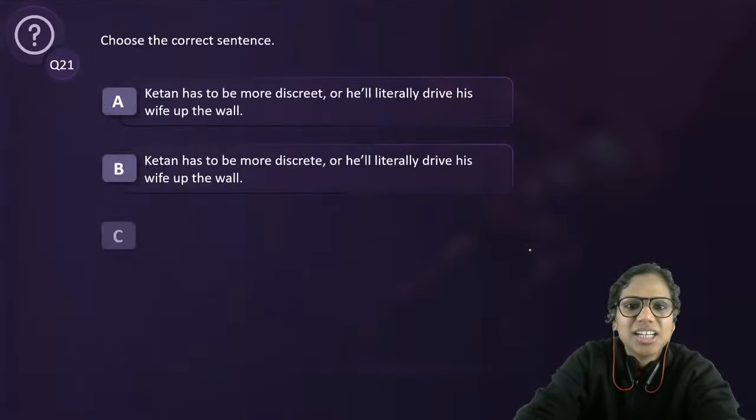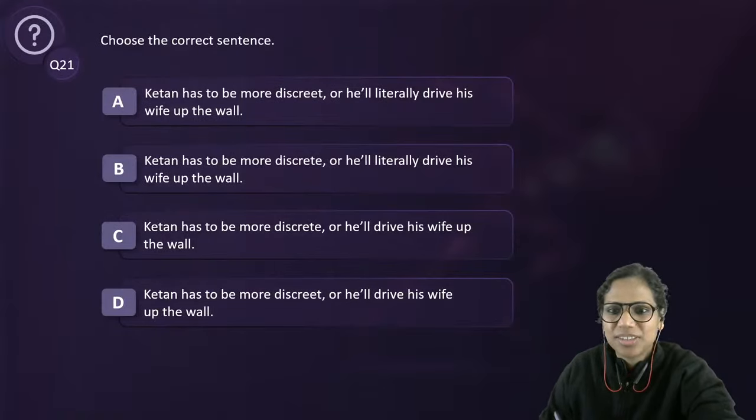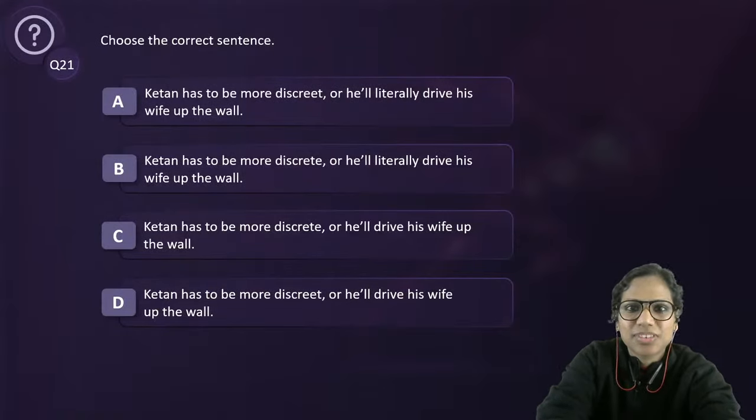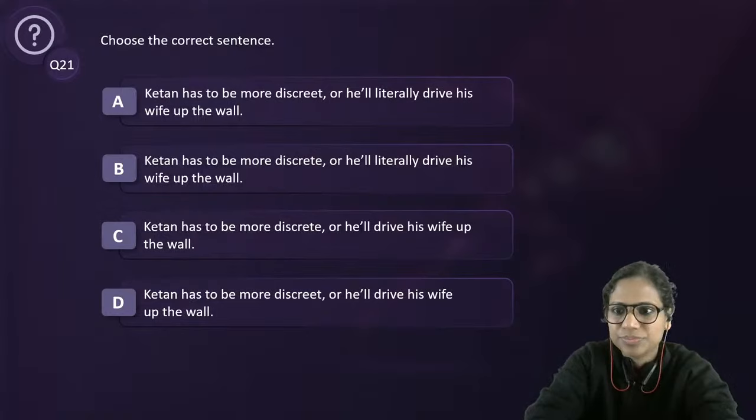Great. The last question for the day. Choose the correct sentence. That as part of speech.